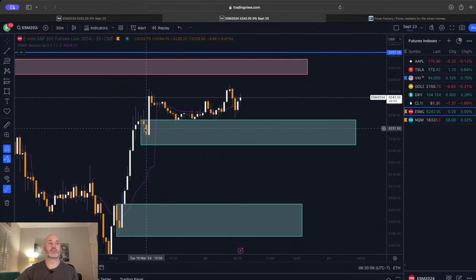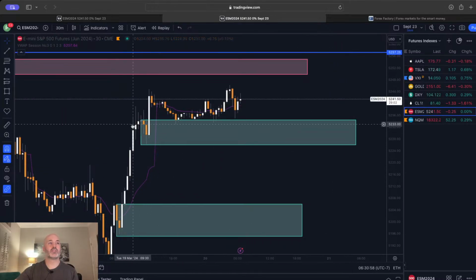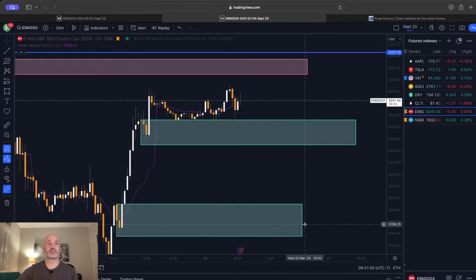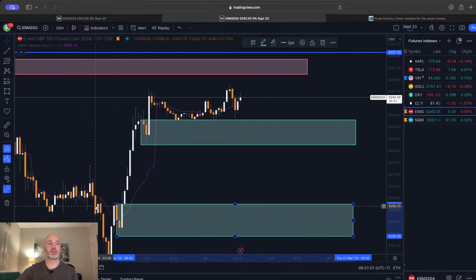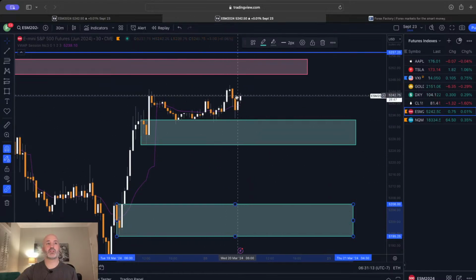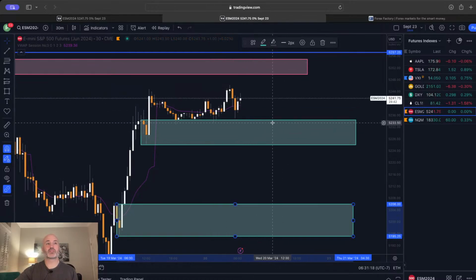I'll zoom in a little bit more. Here we have a couple basing candles, and then a strong move up. We had a move up down here as well, so we have one down here, basing, and then a strong move up. If it comes back into this level or this level, I'm going to look at whether buyers or sellers are stepping in.